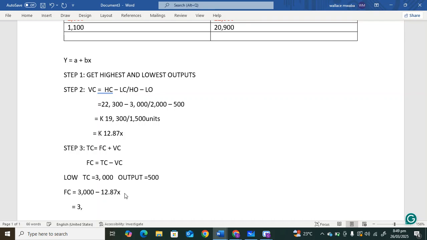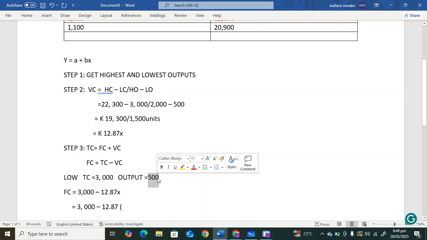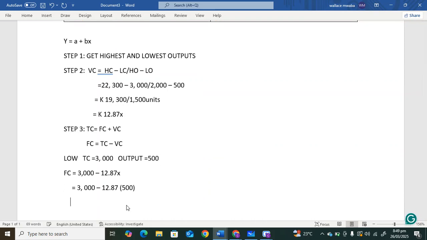So we're going to say 3,000 minus 12.87, and x you substitute with the output here, 500 units. So it's 12.87 times 500. You get 6,435.